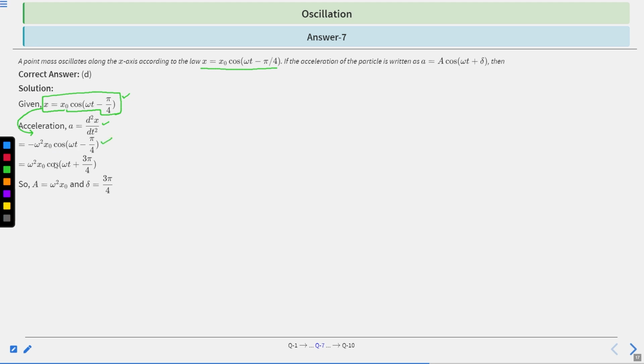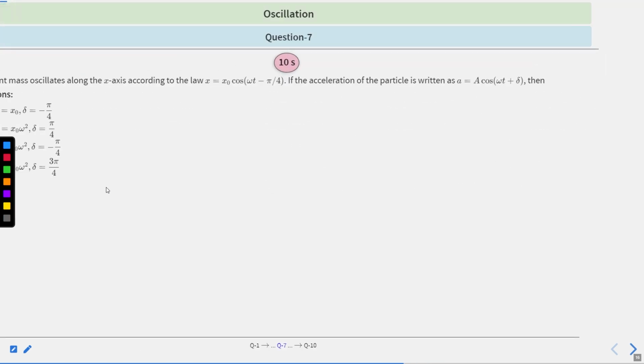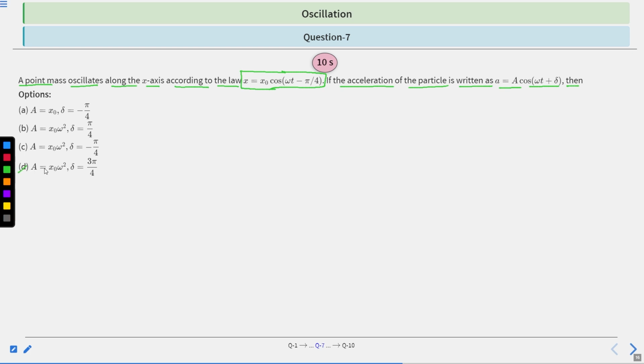Solving this term, you will get omega square x naught cos of omega t plus 3 pi by 4. So from this equation, A equal to omega square x naught and delta equal to 3 pi by 4. So the correct answer is D. Clear?